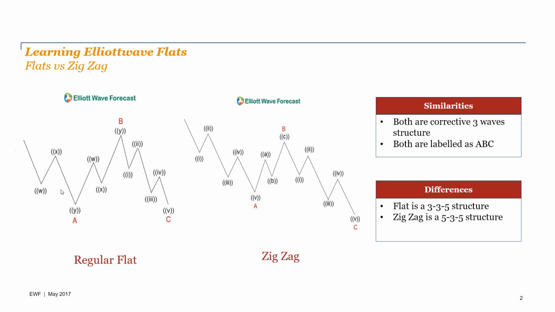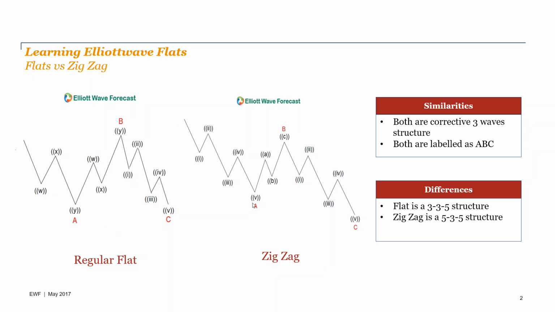Now, a WXY is another structure that we will not talk about today because that will take some time to explain, but it's pretty simple. If you want to label this as an ABC, which you can, what is the requirement? If you label this as an A, B, and then C, that is a zigzag, right?